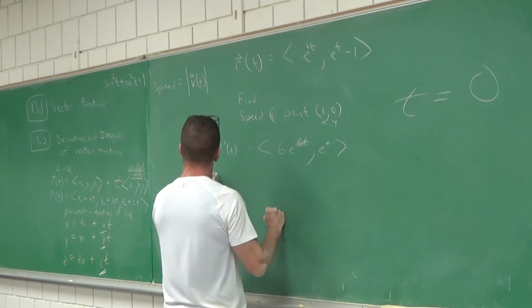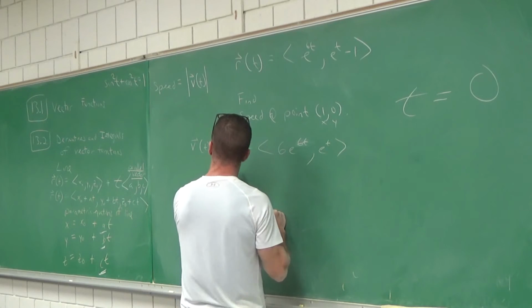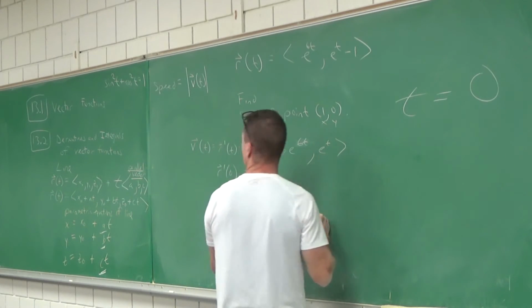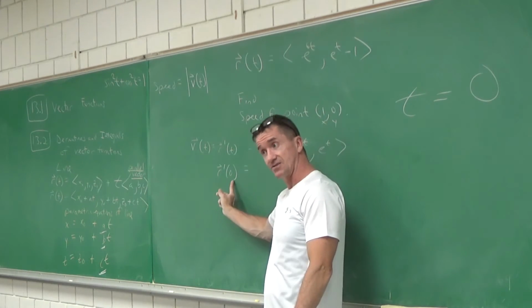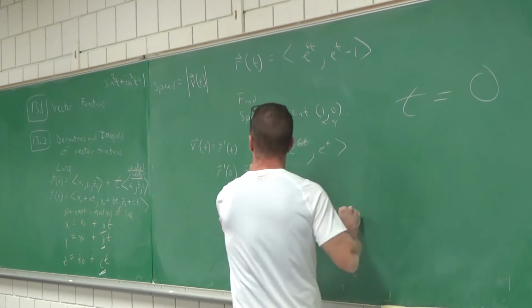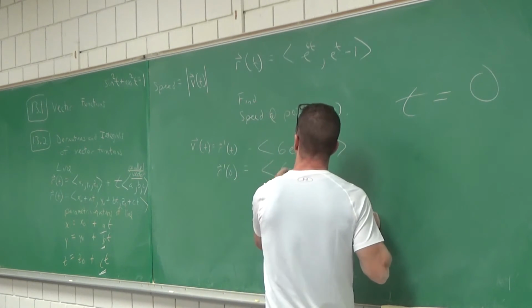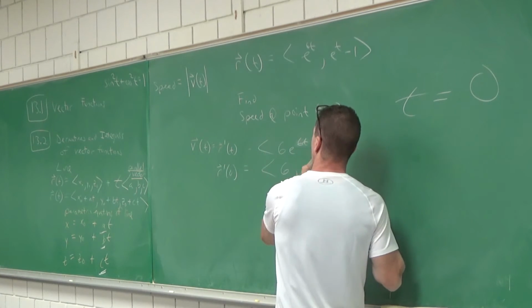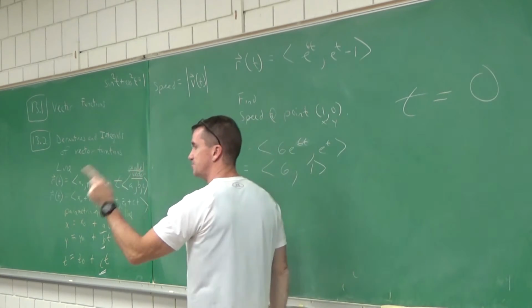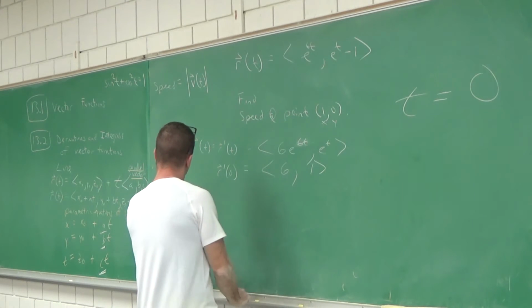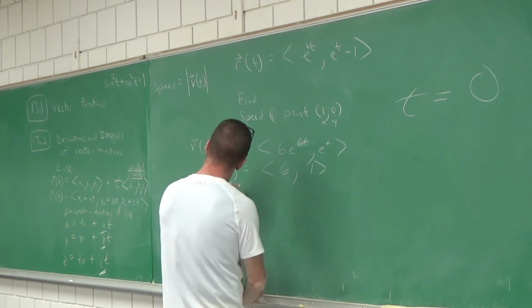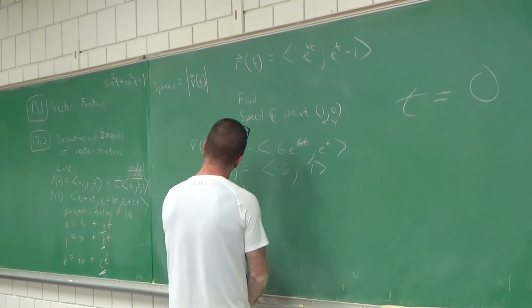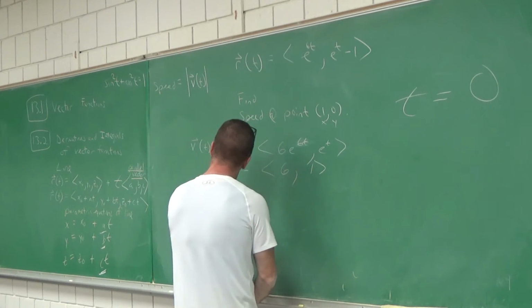So we're going to get r prime of 0, then. What's r prime of 0? That would be the tangent vector. Does everyone agree? This would be the tangent vector at t equals 0. 6 times e to the 0 is 6. e to the 0 is what? 1. One more thing. What's the speed at that point? Speed is the square root of 6 squared plus 1 squared, the magnitude of r prime of 0.